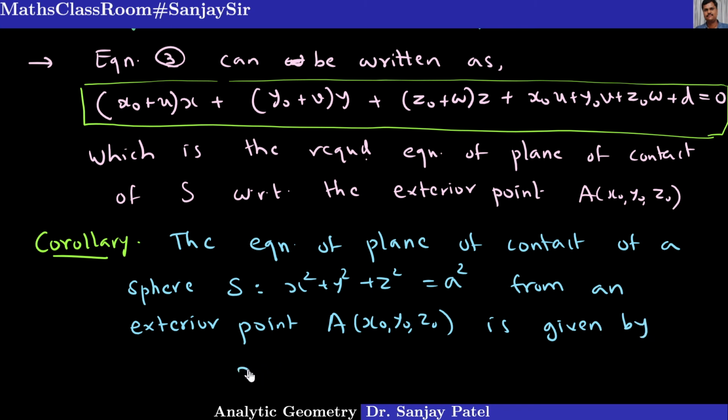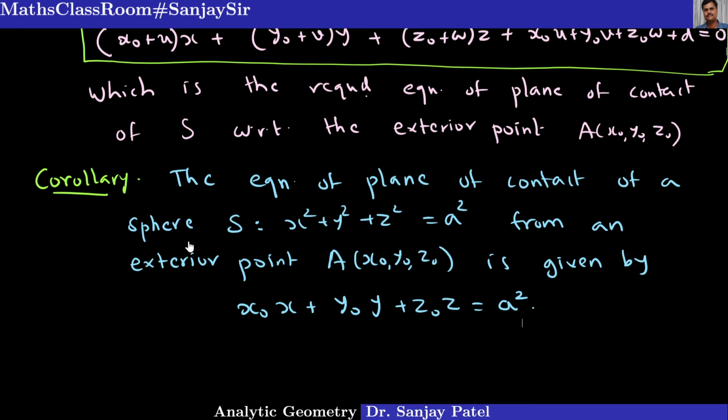we'll get x0 into x plus y0 into y plus z0 into z is equal to a square. How? It is very simple. Since we have the general equation, I am just giving you a hint.